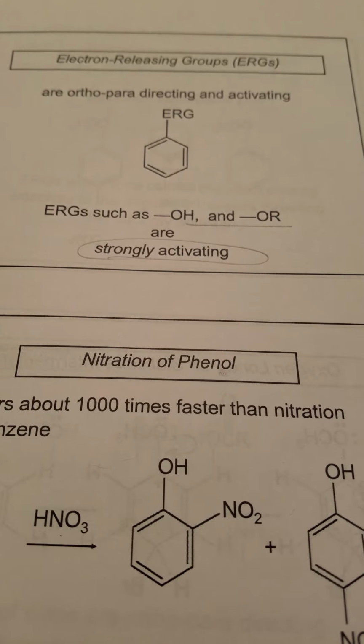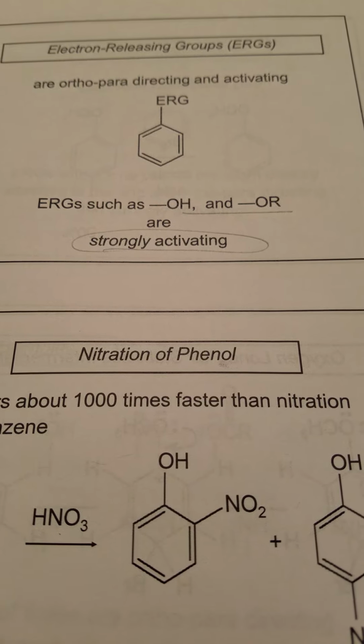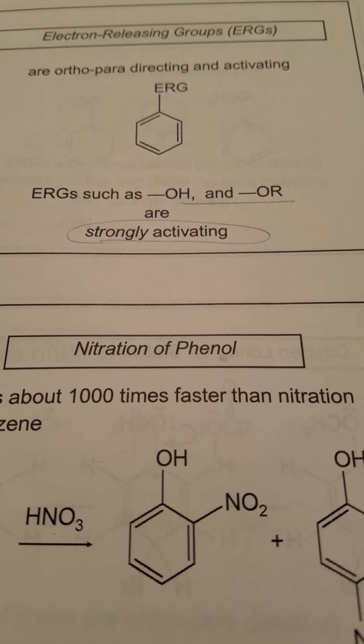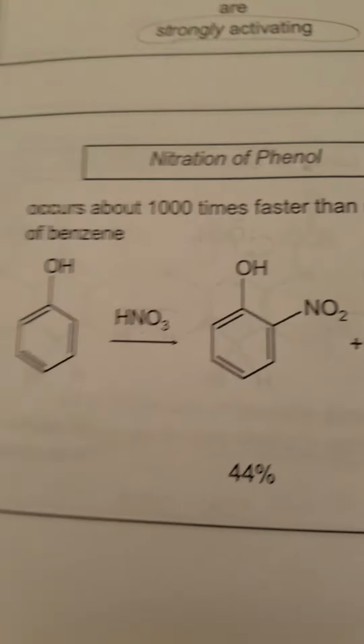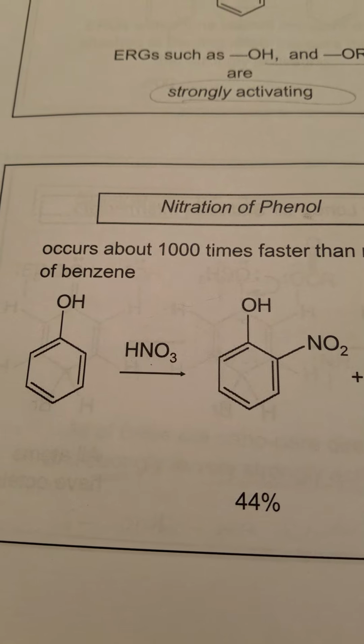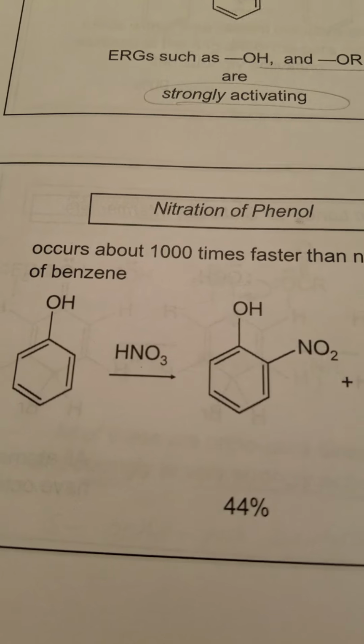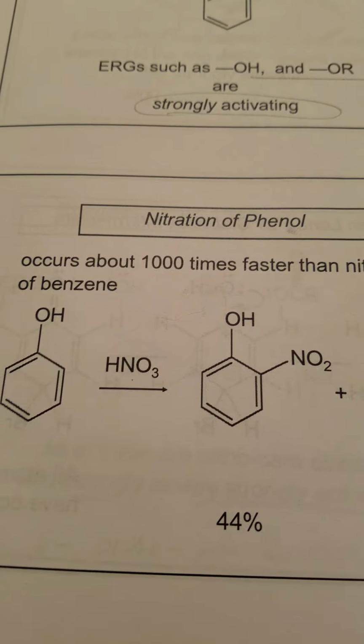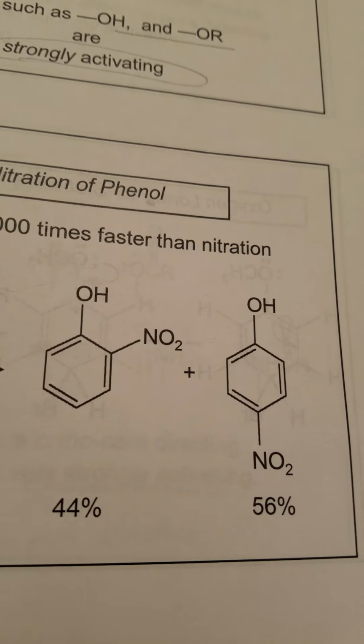So up here it's just telling us that these are strongly activating groups, so they're going to be ortho-para directors. If you have your phenol and you're doing a nitration, then your nitro group is going to go ortho and para in its position.